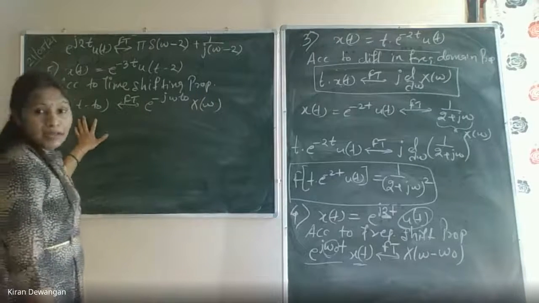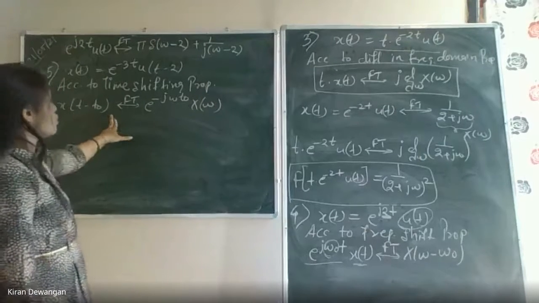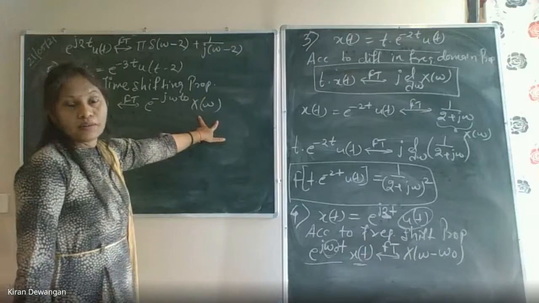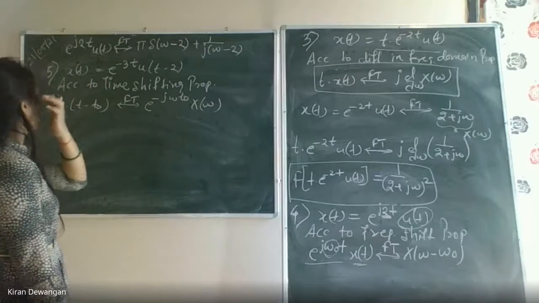So this is the time shifting property. X of t minus t naught will have Fourier transform that gets multiplied to X omega.